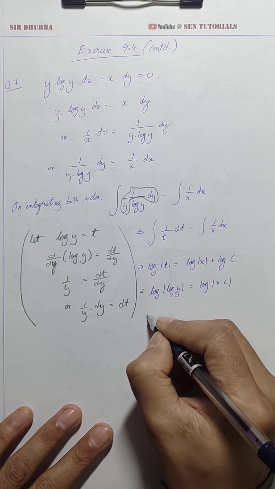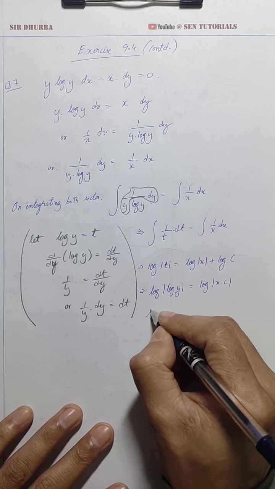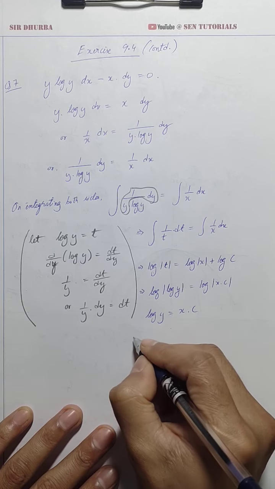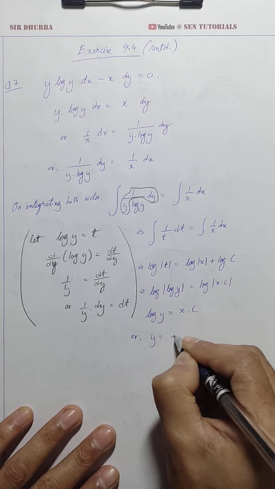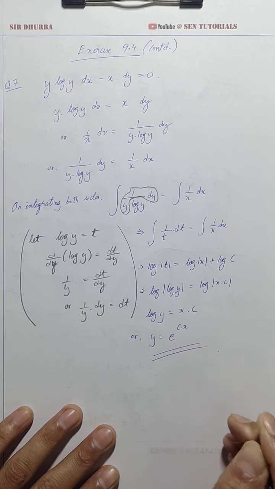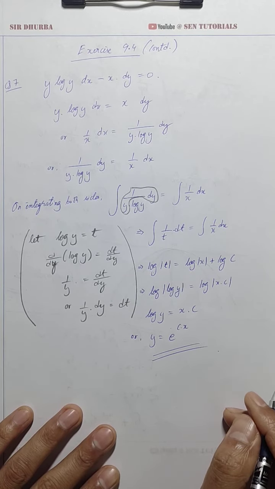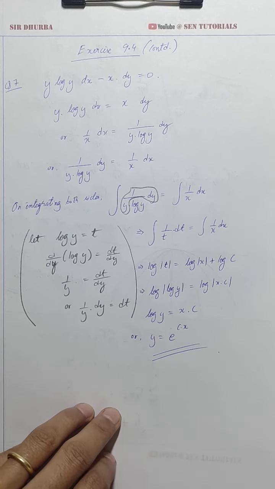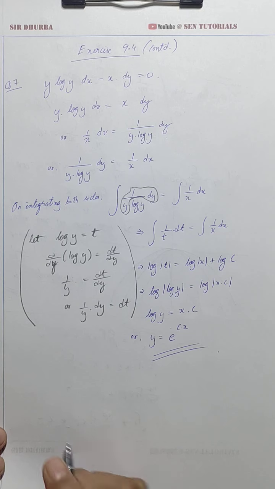By taking anti-log, we will have log y equal to x into c, or y equal to e power cx. It is better to take y on this side. That helps many a times.